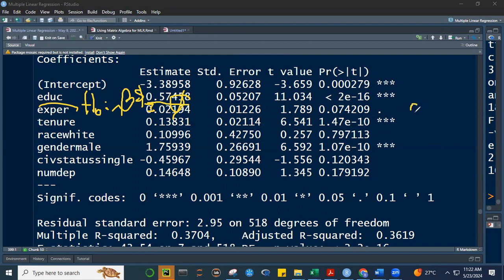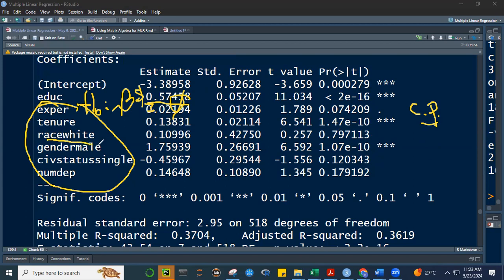We indicated that there should be this qualifier, ceteris paribus, which means all things being equal. If we increase education by 1 year and hold the others constant, only education increases, then there will be a corresponding $0.57 increase in hourly wage. That's how you also interpret the others.